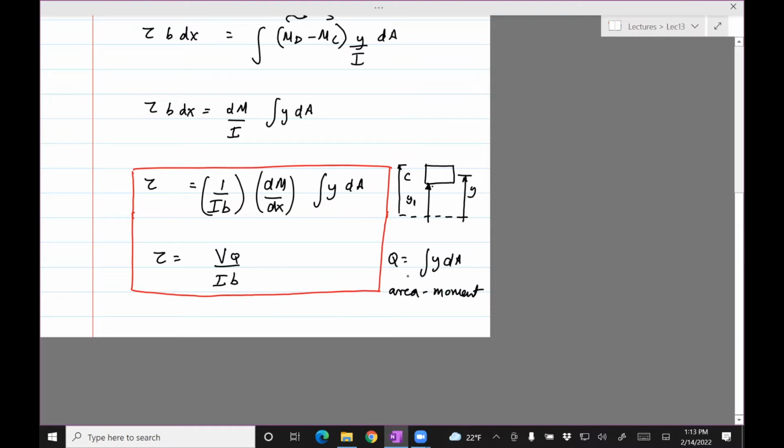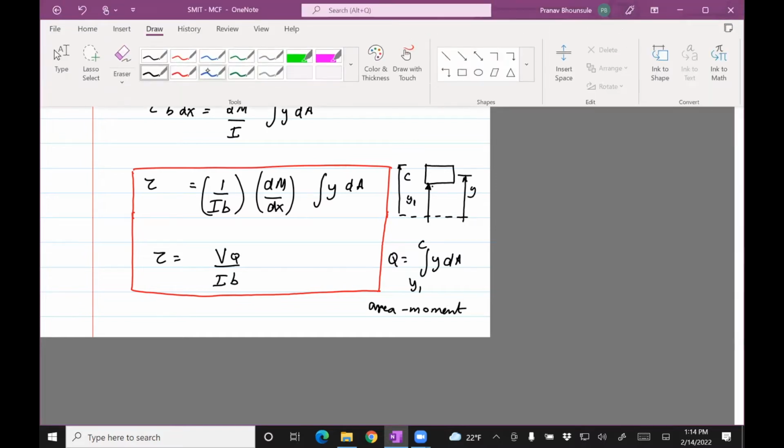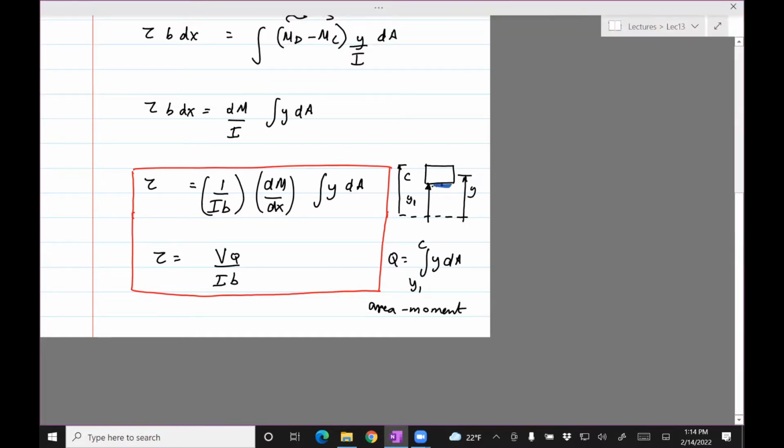So you basically integrate from y1 to c. If you're interested in finding the shear stress at some horizontal section, you integrate from the lower end, wherever you're going to find, all the way to the topmost part of the beam, because the shear force experienced by that plane, the one shown in blue, is due to what is sitting on top of it.